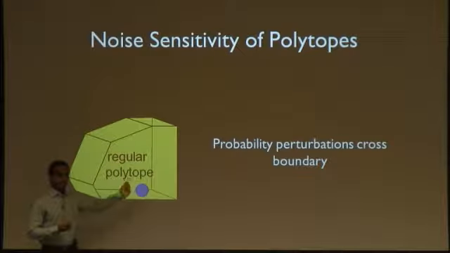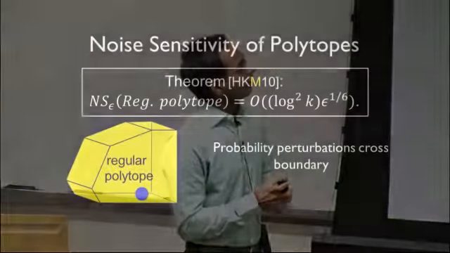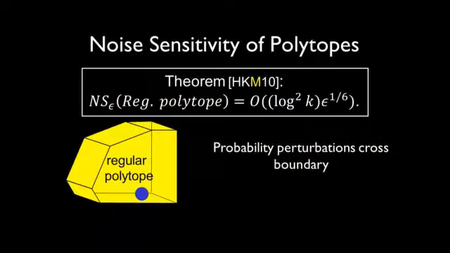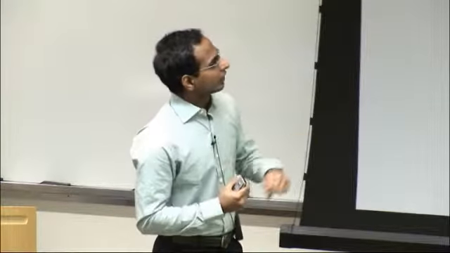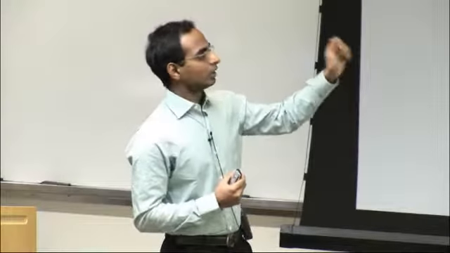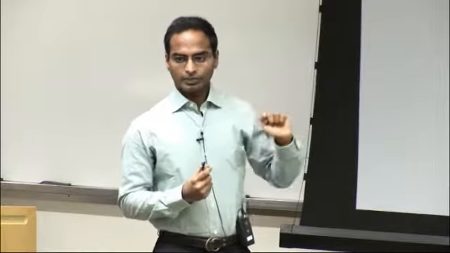You take a random point, perturb it, and we want to know how likely is it to cross the boundary of the polytope. And using our limit theorem, we can show that the noise sensitivity of any regular polytope is at most poly-logarithmic in k times a factor which is polynomial in the noise rate epsilon. So these are again Boolean points.